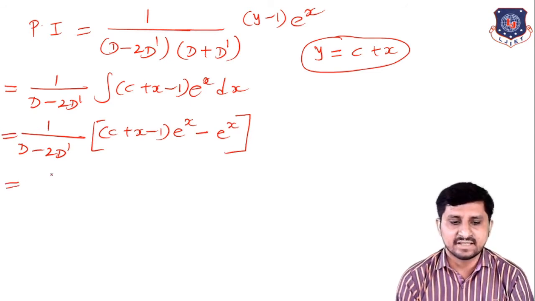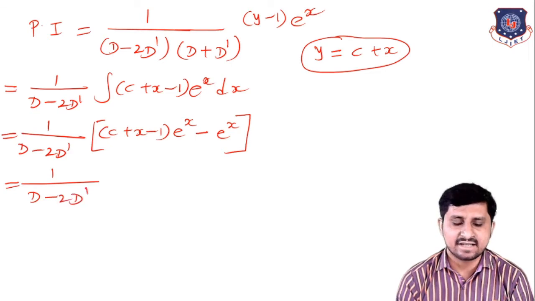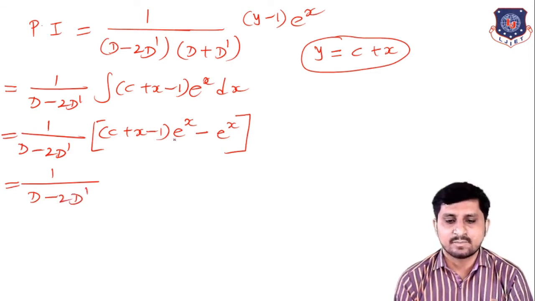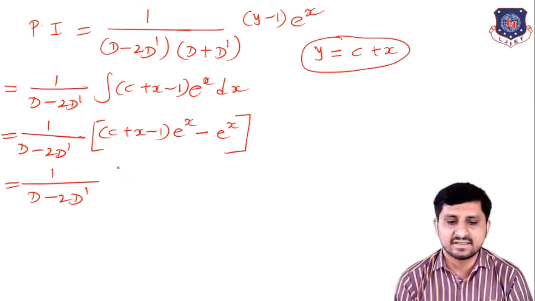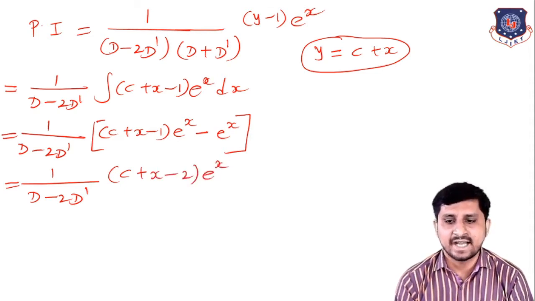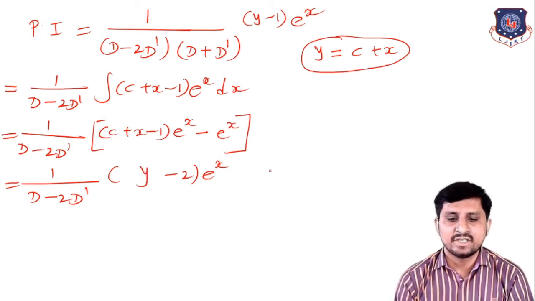When we simplify, 1 upon (D - 2D') of this is (c + x)e^x - e^x - e^x, so we can write minus 2e^x. So this is (c + x - 2)e^x. Now replace c + x by y, so this is (y - 2)e^x.